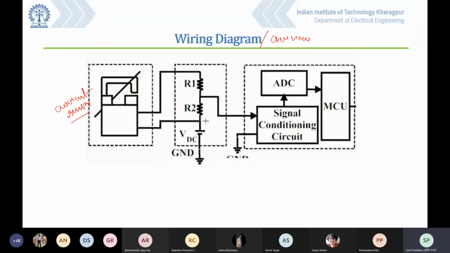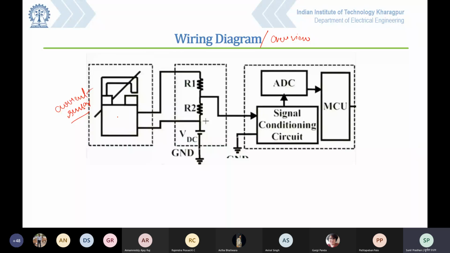Before starting, let me tell you that after this lecture, you will be given an assignment. So just listen carefully to what sensors I am using, how I am choosing my ADC, and what is there in my signal conditioning circuit.